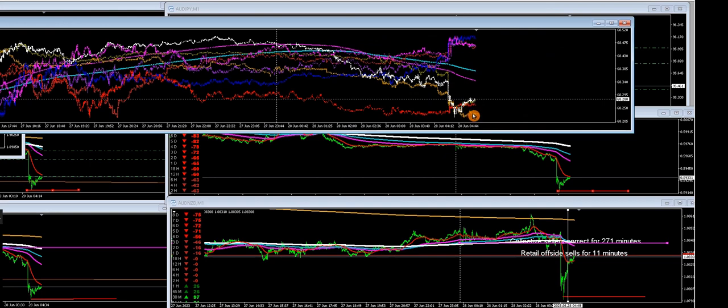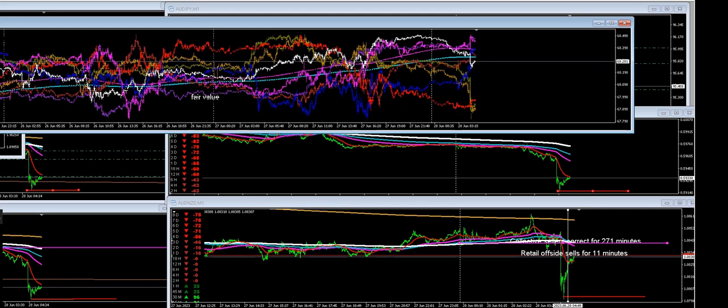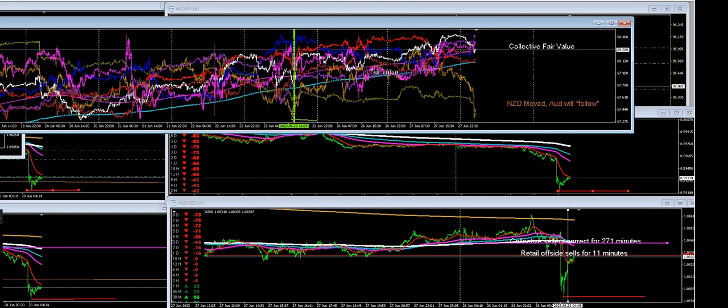You know, the weakest is the Aussie. New Zealand's come back down. You know, the whole time it's been about Aussie and New Zealand being low, relative to the other ones, right? This one's the New Zealand here.